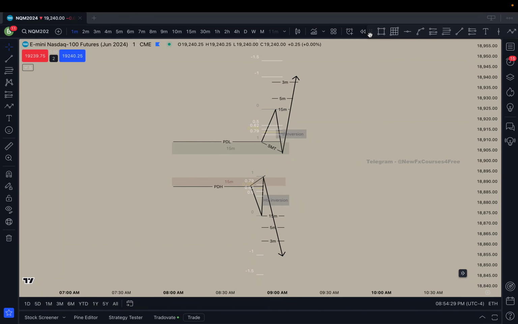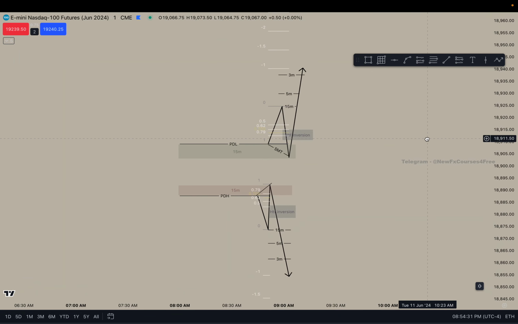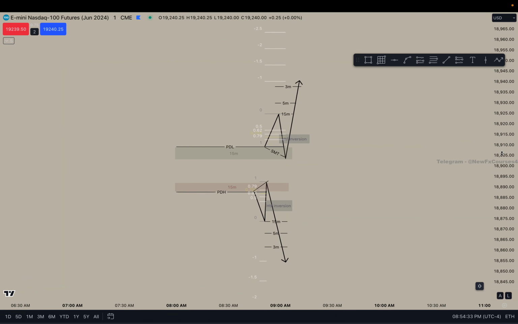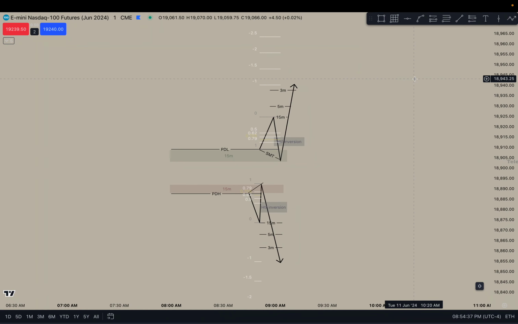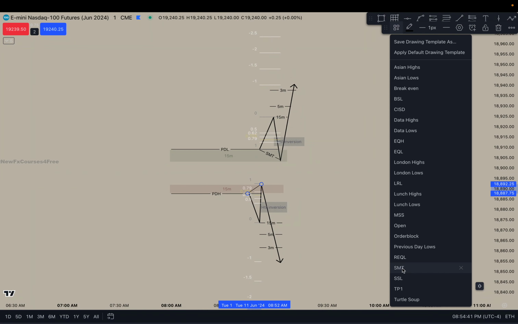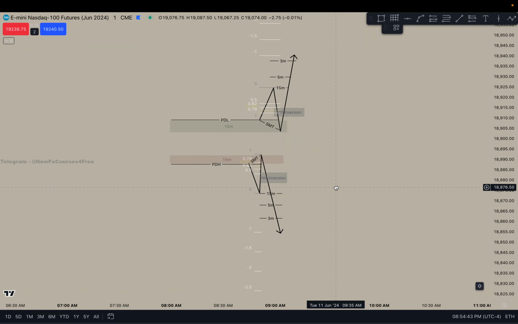All right, so this is a little screenshot that you guys can do. Screenshot this. Oh, wait, don't screenshot it yet. I lied. Give me an SMT up here. There you go. And also if there's equal lows. Hold up, don't screenshot it.